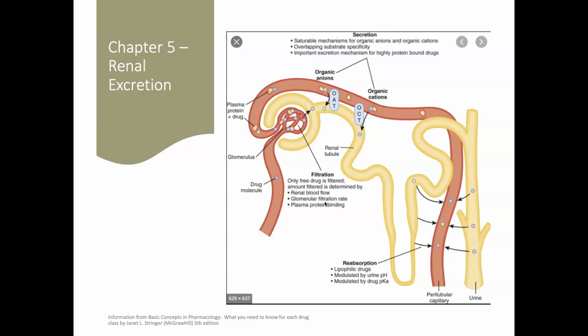Okay? The second step is proximal tubular secretion. It's the second step, after the Bowman's capsule. You can see up here there are these molecules flowing through. Let me start down here at the bottom.